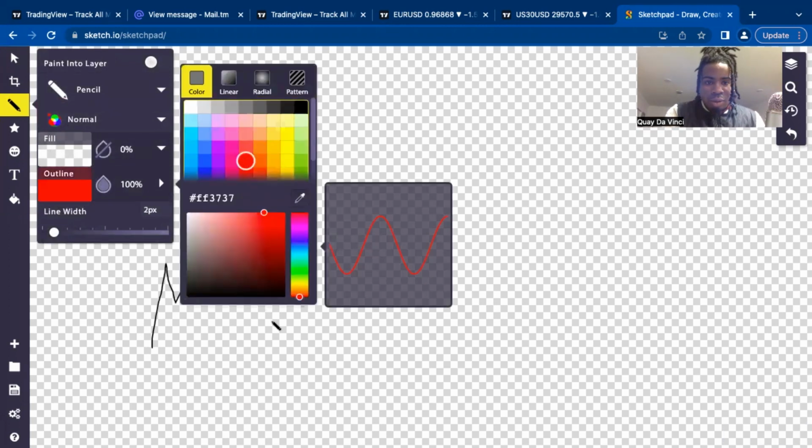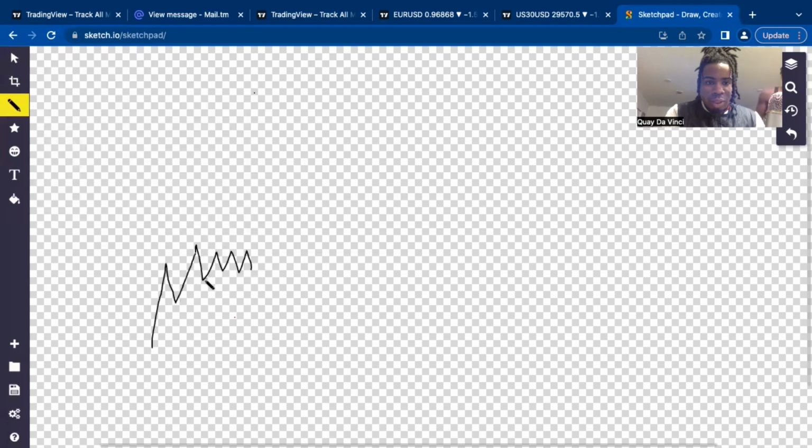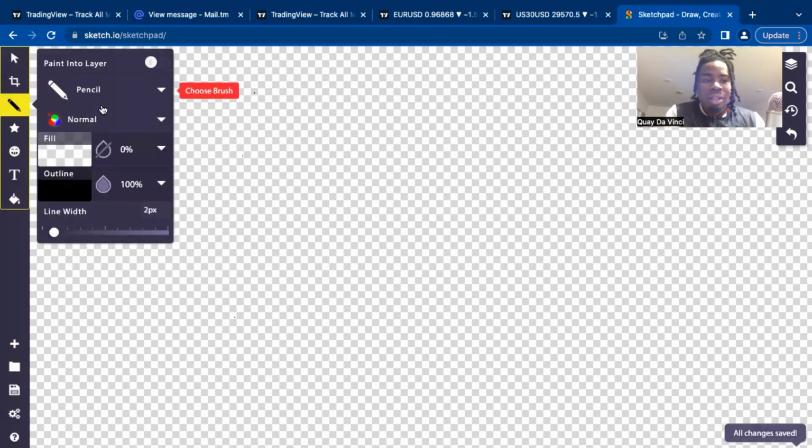Just say this is a range of liquidity, man. So let's say this is price, right? Matter of fact, let's delete all this. Let's just focus on the 4 phases right now. We ain't even talking about if we in a trend, none of that. We just talking about where we at right now.